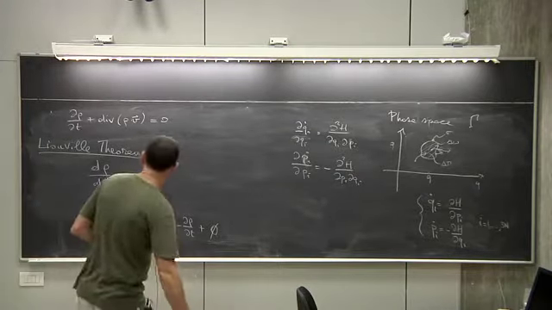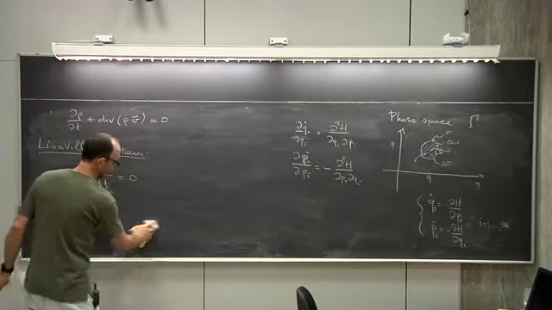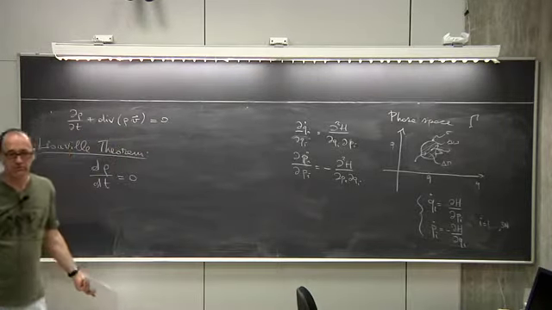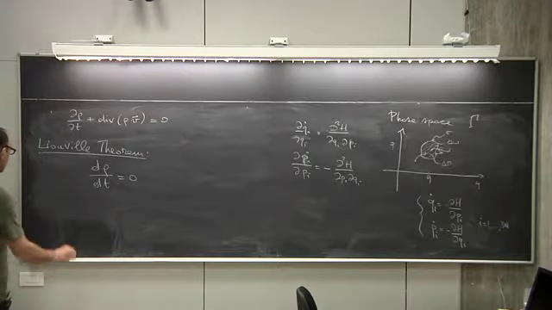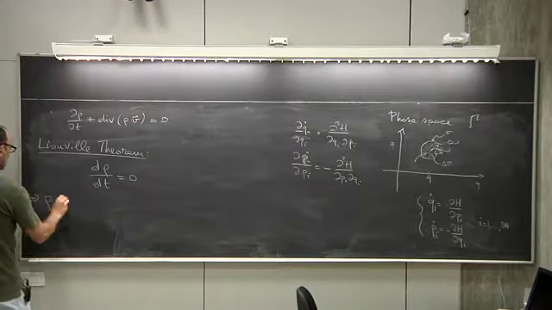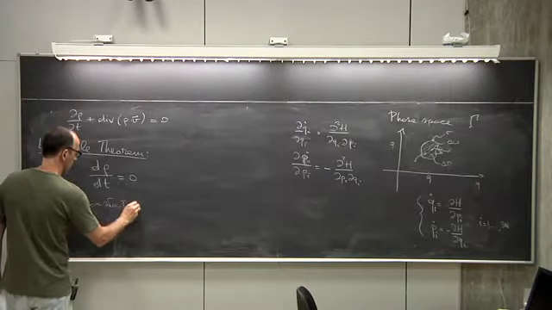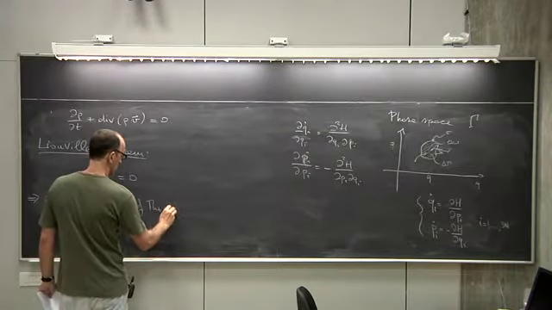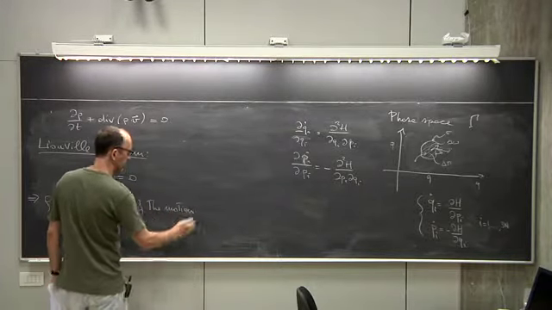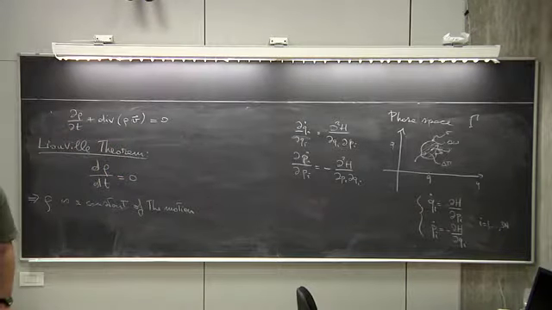This is very, very important because it tells you that ρ is a constant of the motion. So ρ must be a function of the constants of the motion.